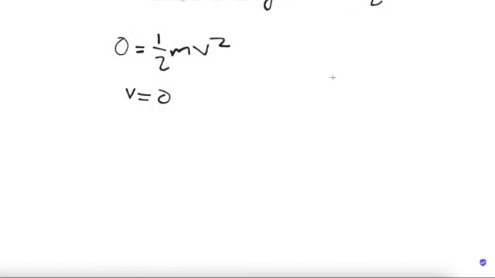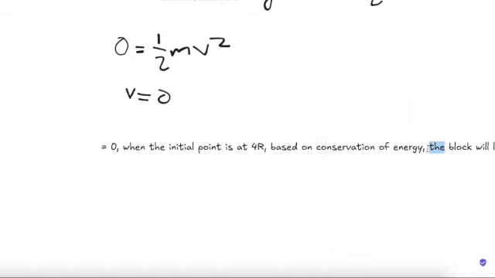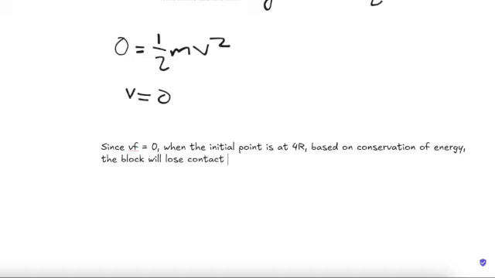And to write that, you can just write: since velocity final equals 0 when the initial point is at 4r, based on conservation of energy, the block will lose contact and will eventually fall.